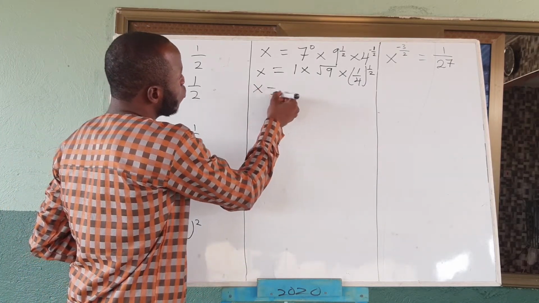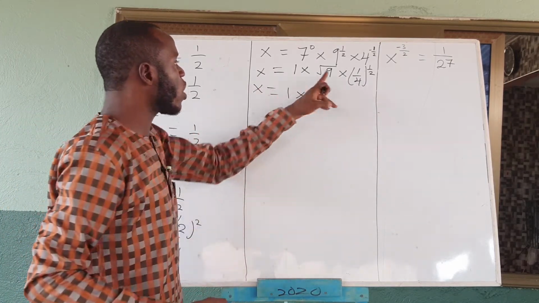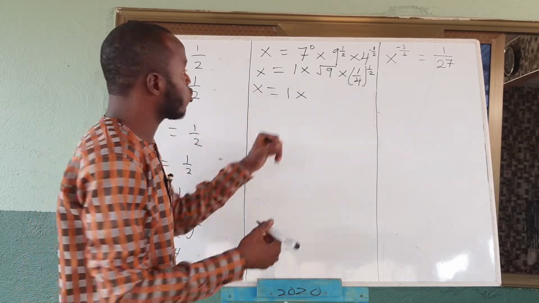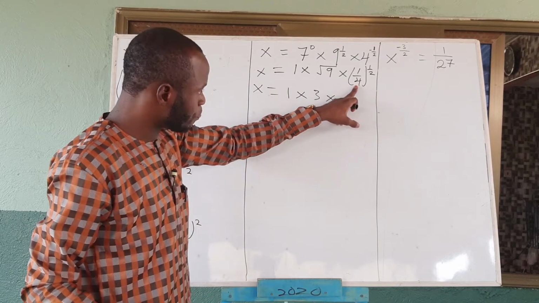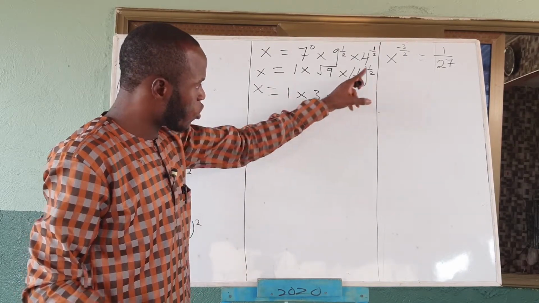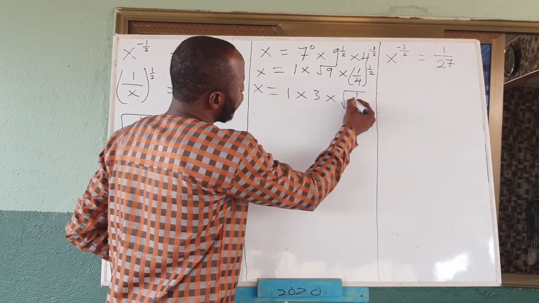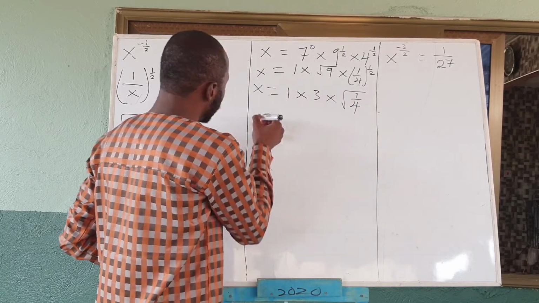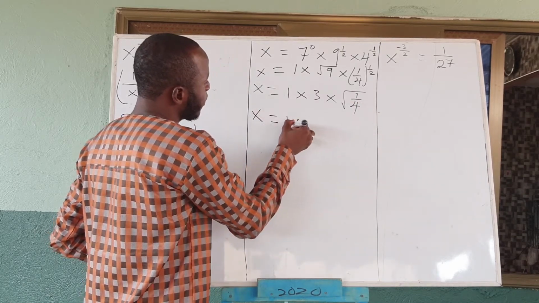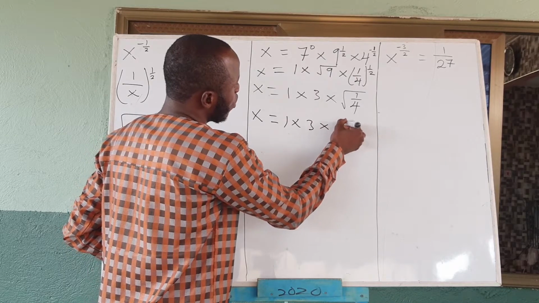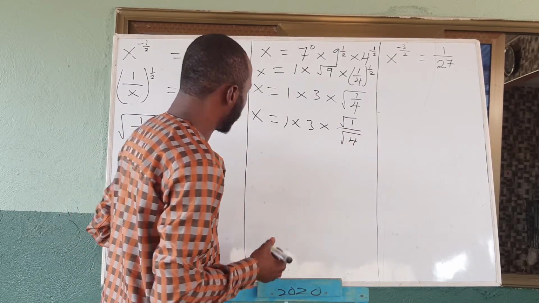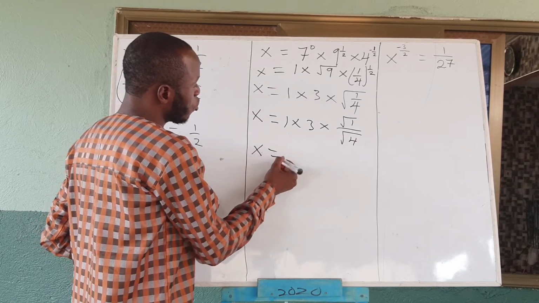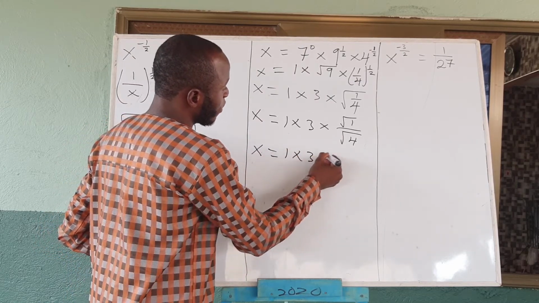So now x will be equal to 1 times, now square root of 9 is a perfect square, so it will give us 3 times, over here too, we can put square root, so it will be the square root of 1/4. So x will be equal to 1 times 3 times square root of 1 over square root of 4.